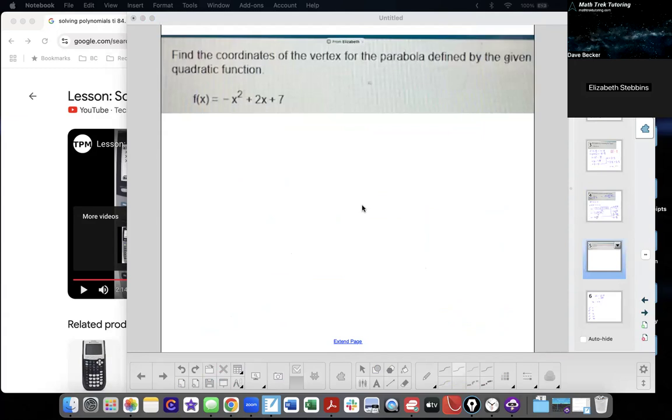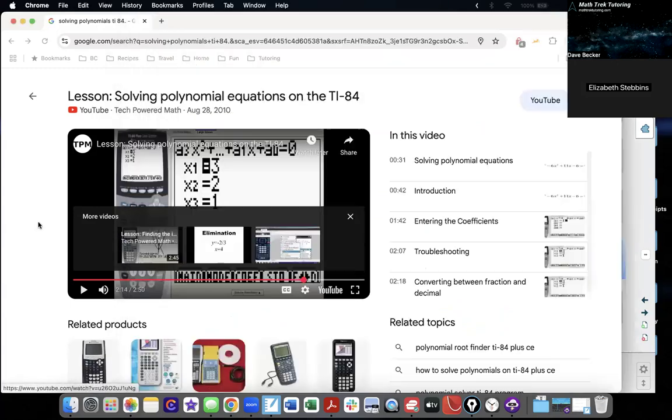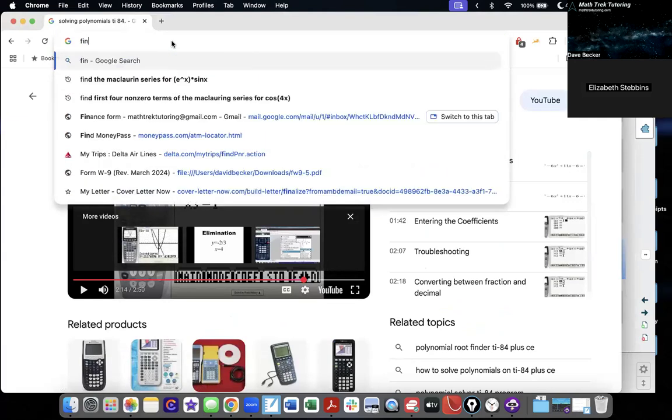Okay. So this is another one you could do on your calculator. Want to see? Okay. Is it the same as the others?